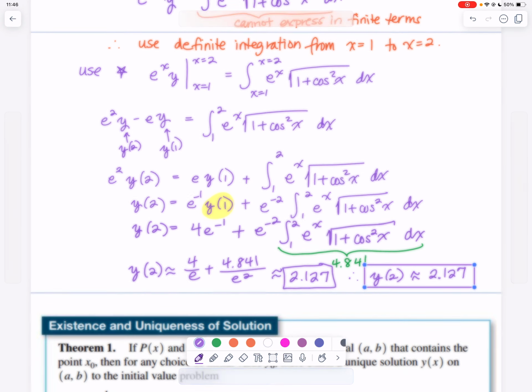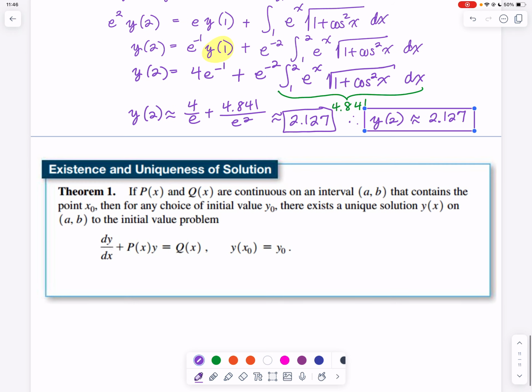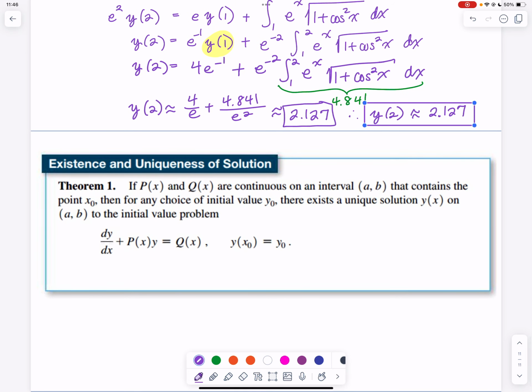Let's take a look at this existence and uniqueness of a solution. So theorem 1 tells us that if p of x and q of x are continuous on this open interval (a, b) that contains the point x naught, then for any choice of the initial value y naught, there exists a unique solution y of x on this entire interval to the IVP shown here. So it's pretty powerful.